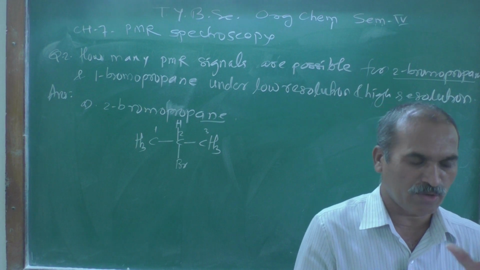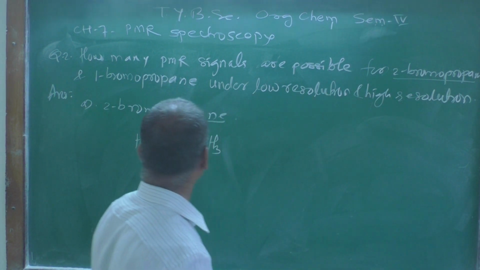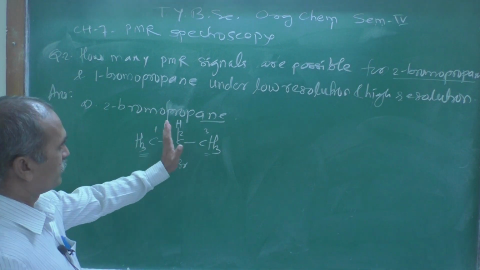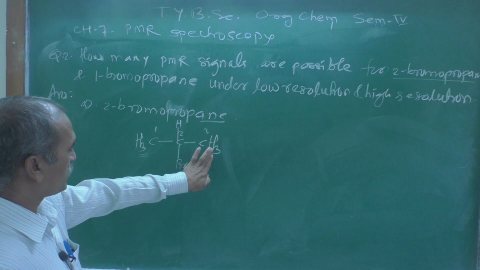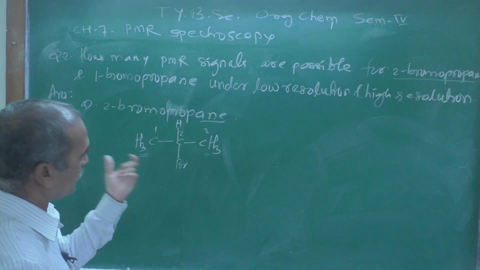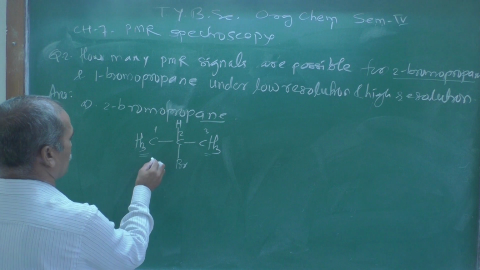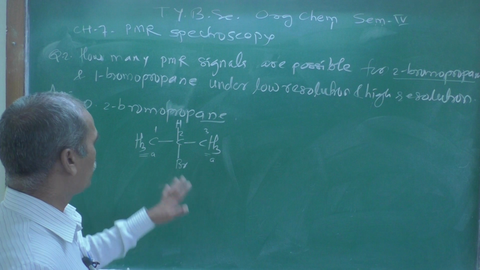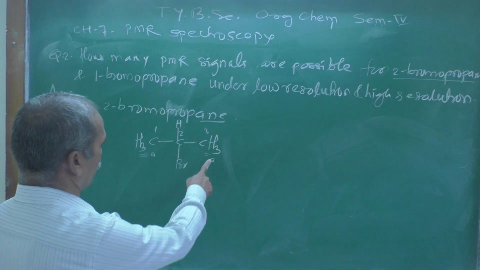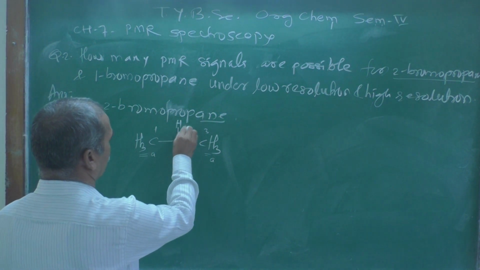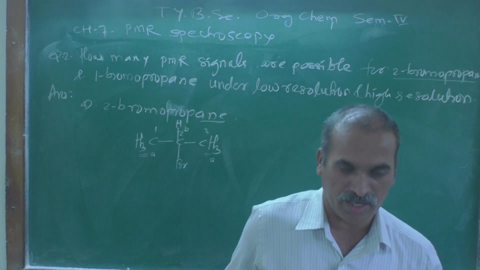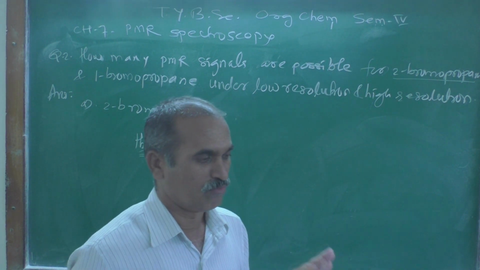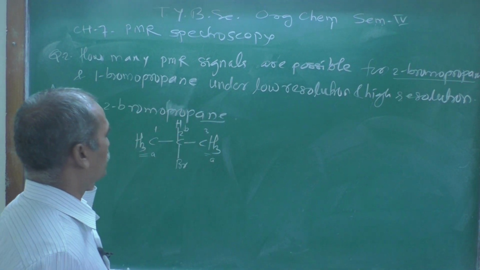Now tell me how many sets of protons are present here. Look carefully. This is a methyl group, this is also a methyl group. They have the same identical neighbor, and therefore we can label this methyl group A, and this is also A, meaning only one type of proton, and this is B. Means there are 2 sets of protons, therefore 2 PMR signals will be observed in the PMR spectrum.